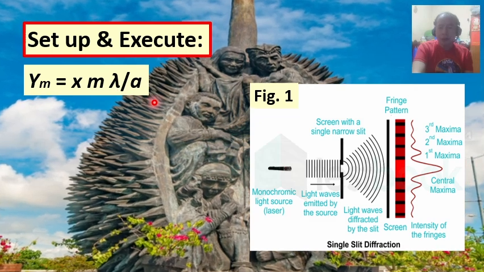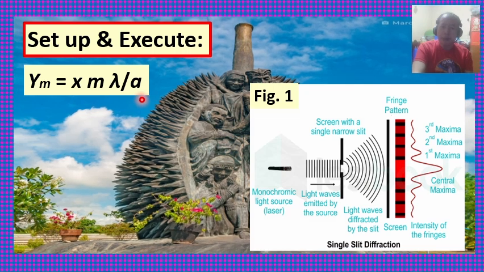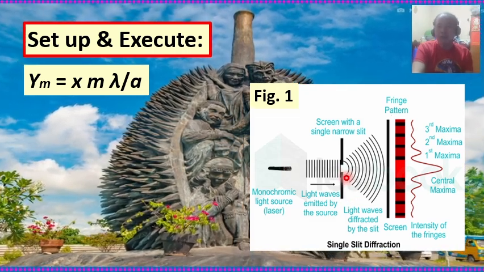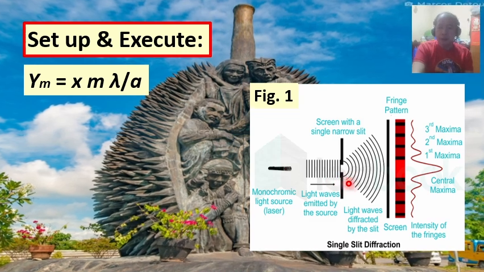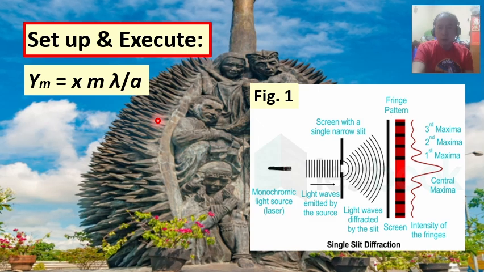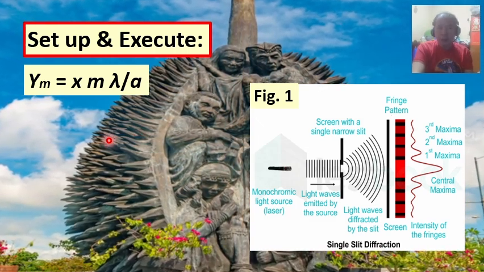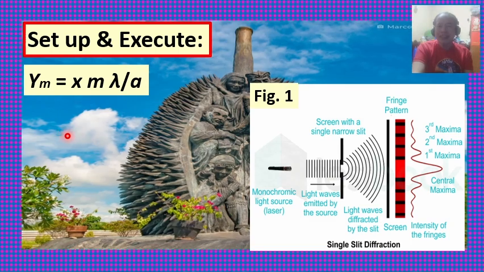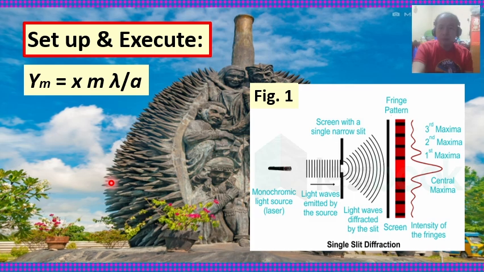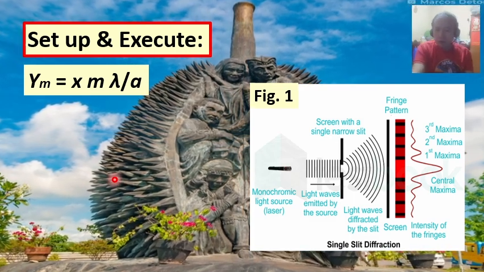And our target variable, denoted by small letter a, is the width of the aperture or the slit, which may also be considered as the thickness of the human hair strand used in an experiment.